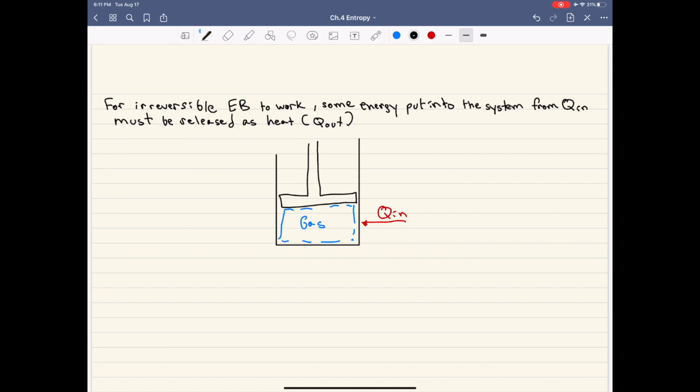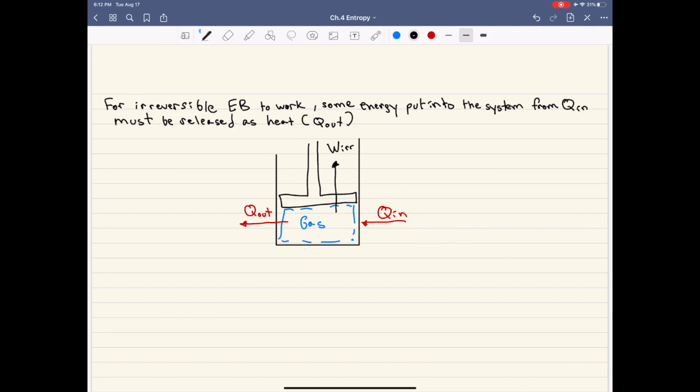Some of the energy that we put in is transferred directly as irreversible work, but another segment of that energy is going to leave the system as Q out. Okay? So that's where the energy that's going into the system leaves under two separate mechanisms. Okay?